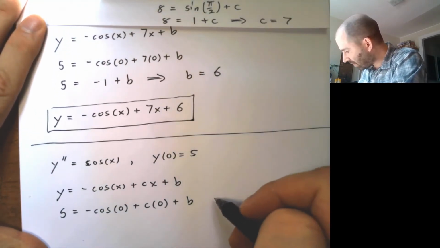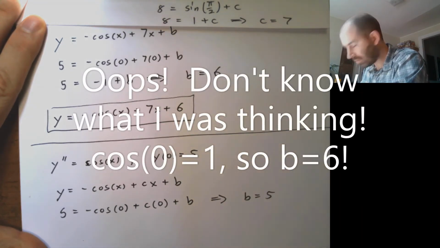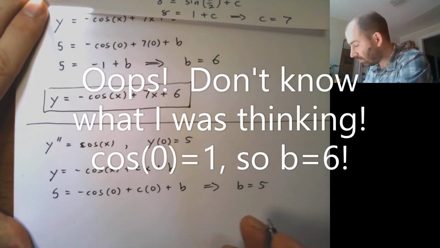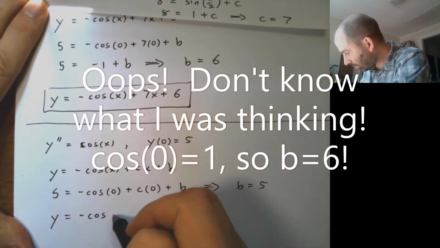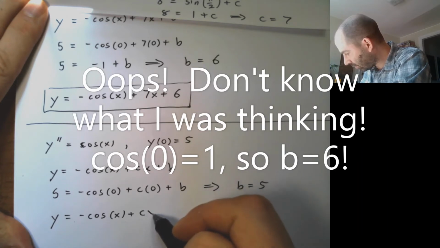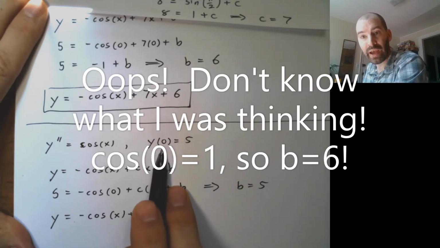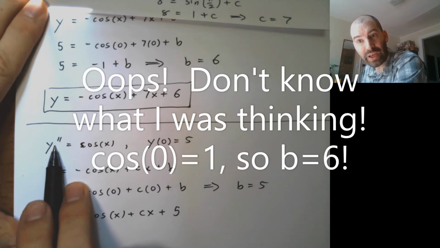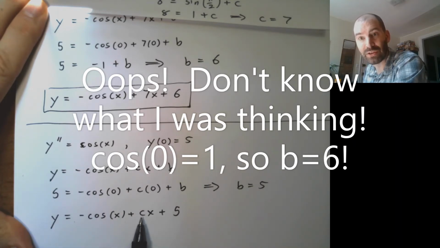And so all this stuff is 0, so I know that b is equal to 5. But that's the best I can do, right? And so my final answer is still going to be written in terms of a constant. There's still a constant left over. I can't solve for that. So depending on how many initial conditions you have and what the order of your differential equation is, it'll determine how many of these constants you can actually solve for. Okay?